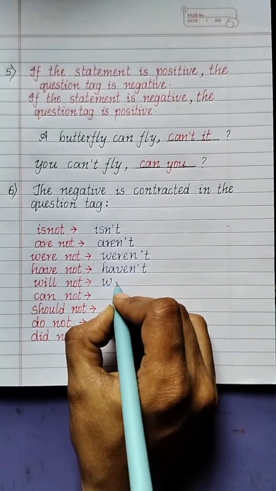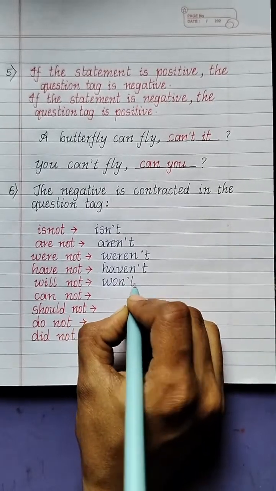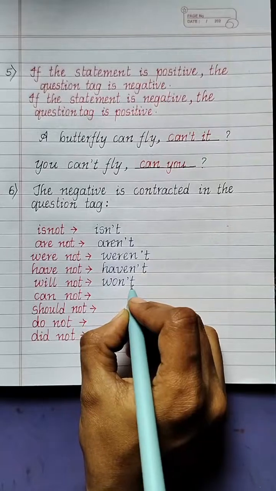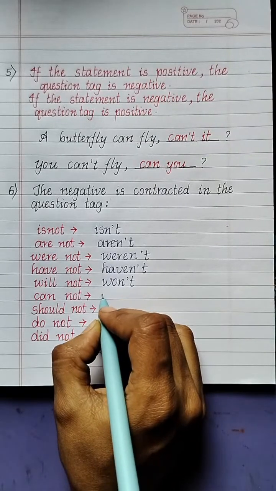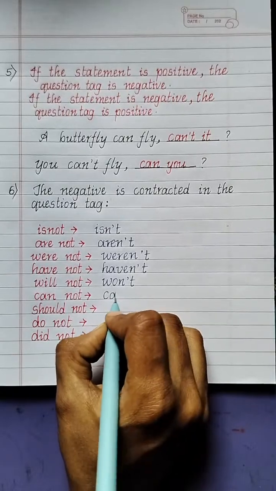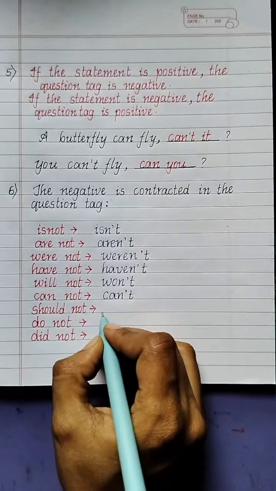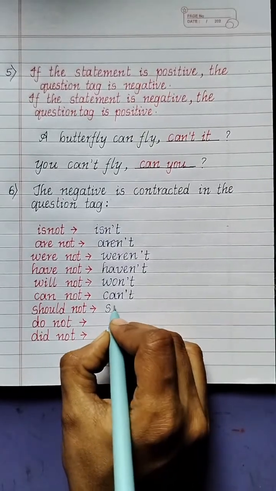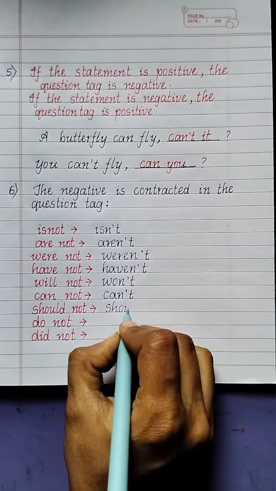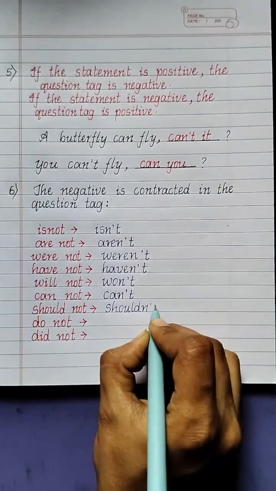Will not changes into won't, W-O-N apostrophe T. Cannot changes into can't. Should not changes into shouldn't.